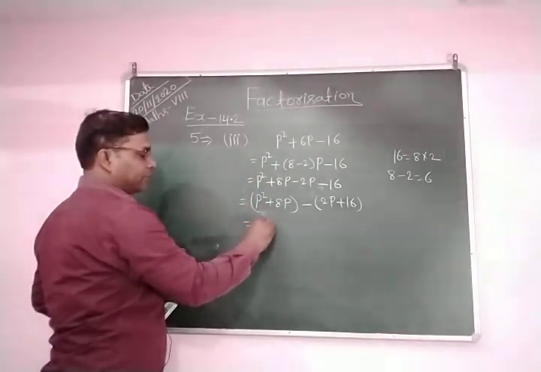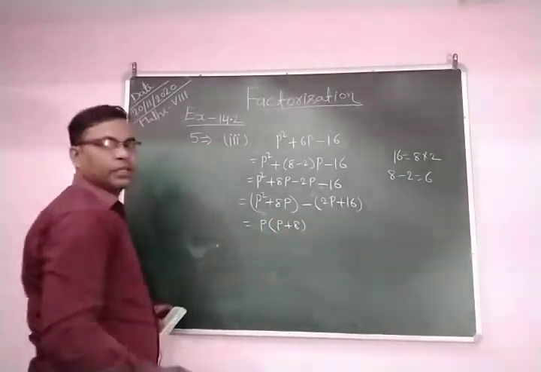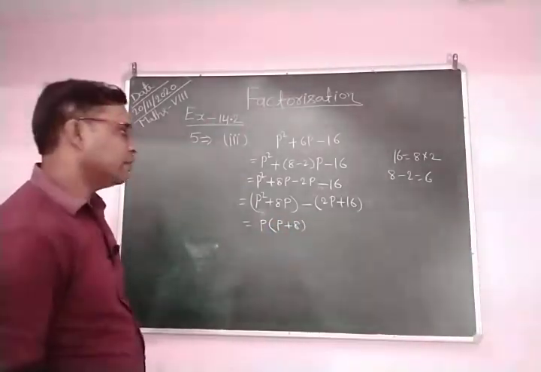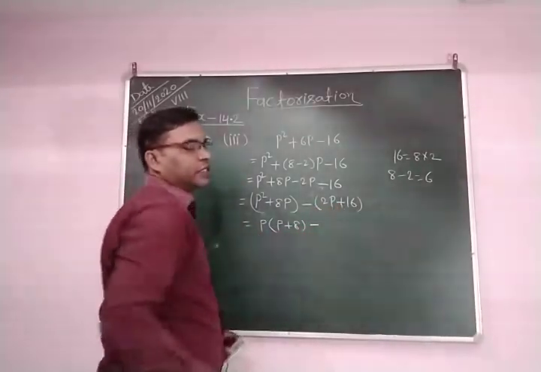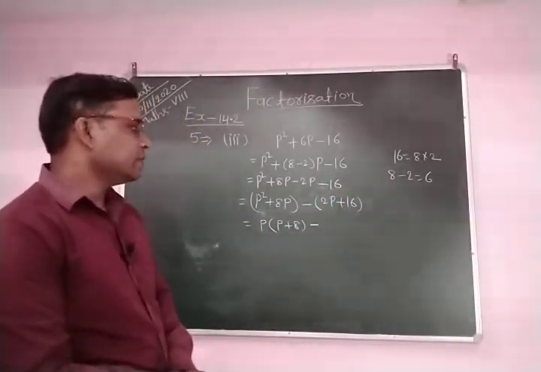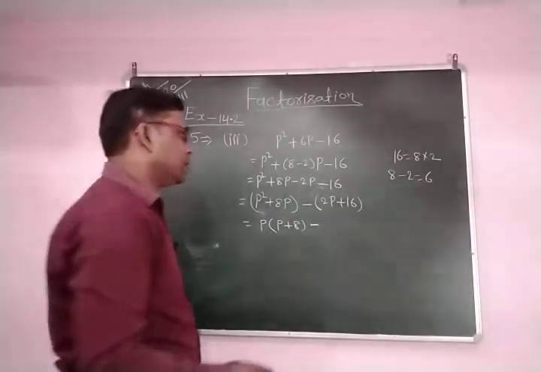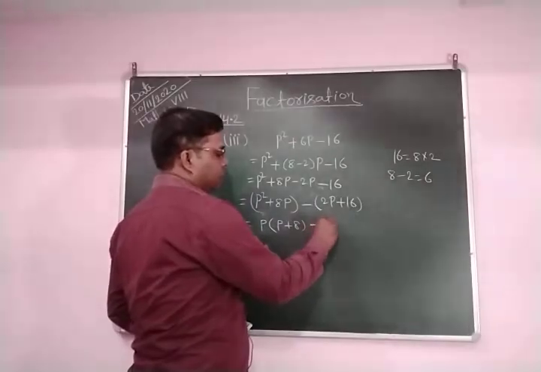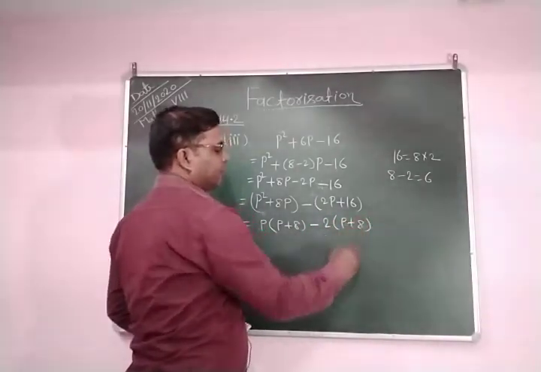If you take common p, then here we have p plus 8. Clear? Now what is common here in 2p plus 16? Again you can say common is 2. If you take common 2, then we obtain here p plus 8. Clear?